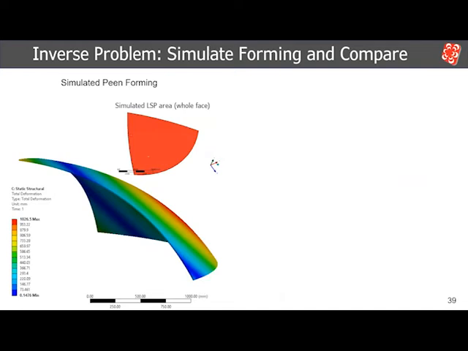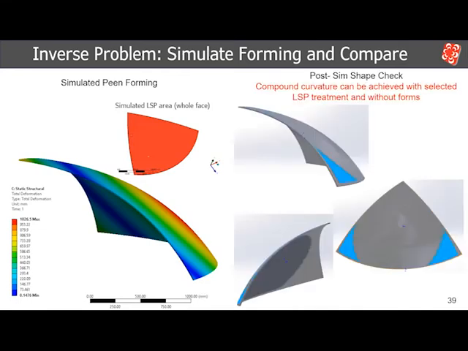So what we can do in peen forming, in this case, this is a perfect application for laser peening because the compound curvature required for a dome is what laser peening is going to naturally put into the processing. So we just simply simulate the laser peening on the top surface of this geometry that we decided was appropriate to start with. And then we can look at the deformation profile and look at how it compares to the original shape.